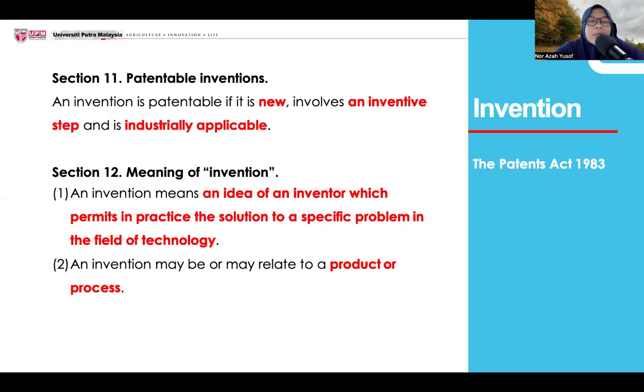So that's why you can patent the process. And the second patent is based on the first patent. The first patent is called foreground IP. So you can also use your first IP to build or expand to the second patent.